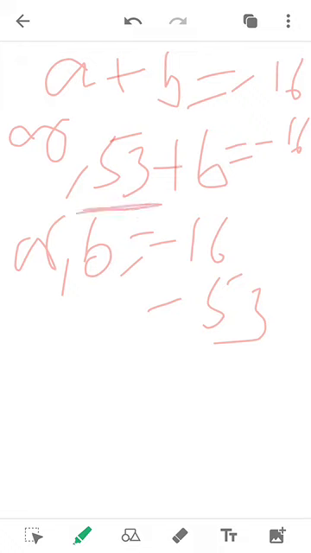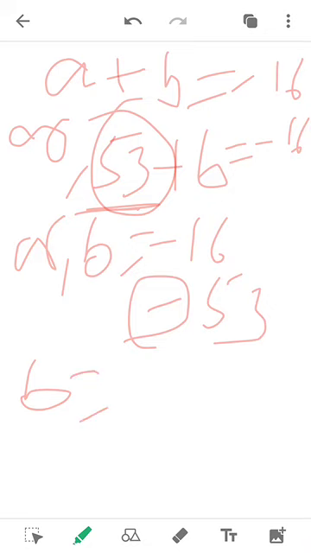We put 53 from LHS to RHS, then it changes its sign. Here 53 is positive, and when it goes from the LHS to RHS, it gets a minus sign. Then b is equal to minus 16 minus 53, which is 69 with a minus sign.